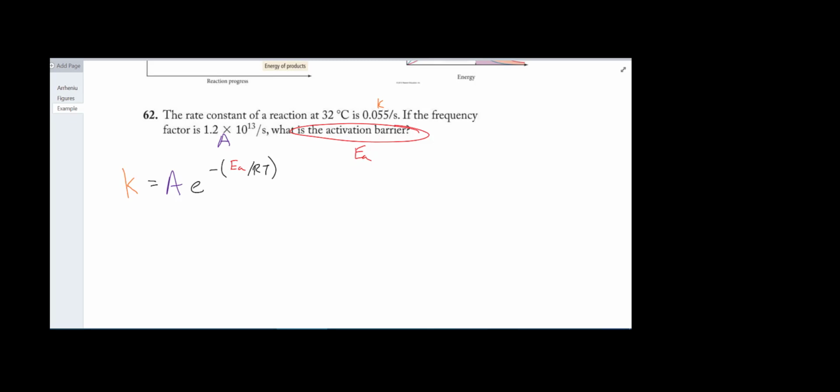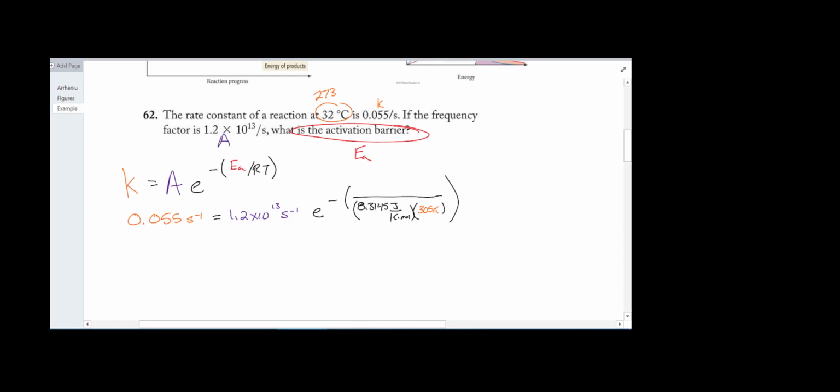Well, let's just plug numbers in and go for fun. 0.055 seconds to the negative 1 equals 1.2 times 10 to the 13 seconds to the negative 1, e to the negative EA, which we're looking for, over R, 8.3145 joules per Kelvin mole, and T. And T in this case is 32 degrees Celsius, which plus 273 is 305.